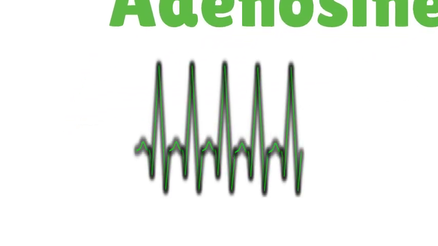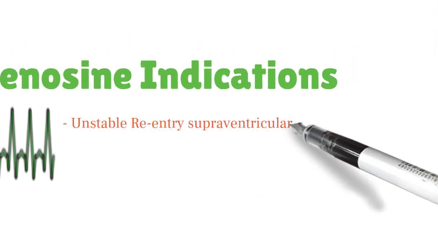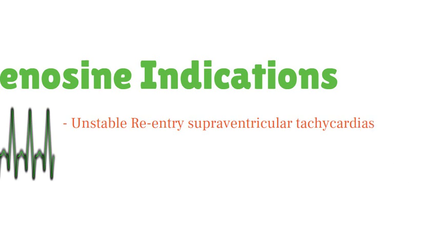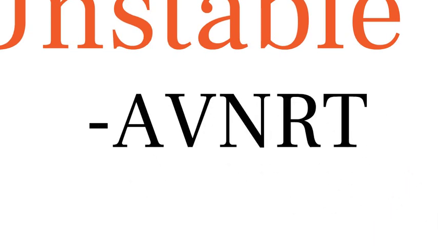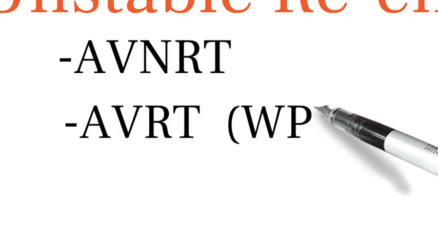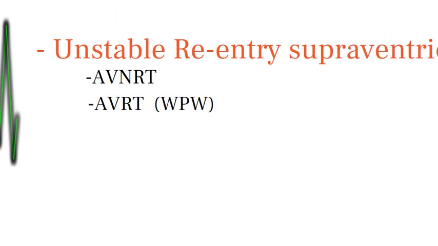There is one classical and highly documented indication for the use of adenosine. Adenosine is indicated in the management of unstable supraventricular tachycardias which are due to a re-entry mechanism, such as atrioventricular nodal re-entry tachycardia and atrioventricular re-entry tachycardia, for example, Wolff-Parkinson-White syndrome.